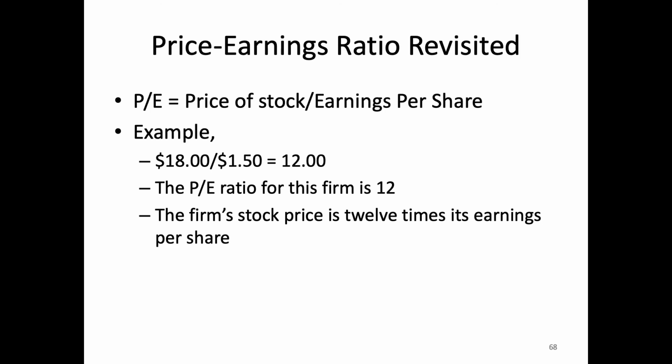Its earnings per share is $1.50. Well, I would see that the price of the stock is 12 times earnings per share. It's like a multiple, we call it. So the PE ratio for the firm is 12.